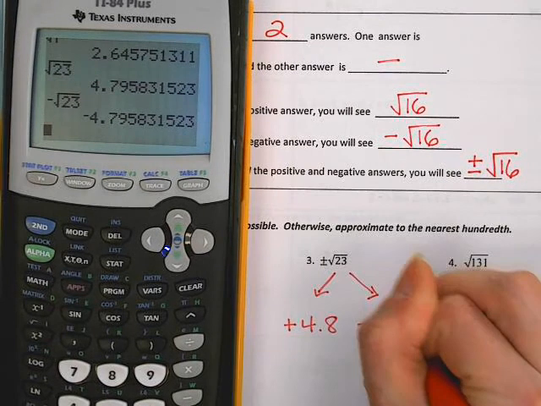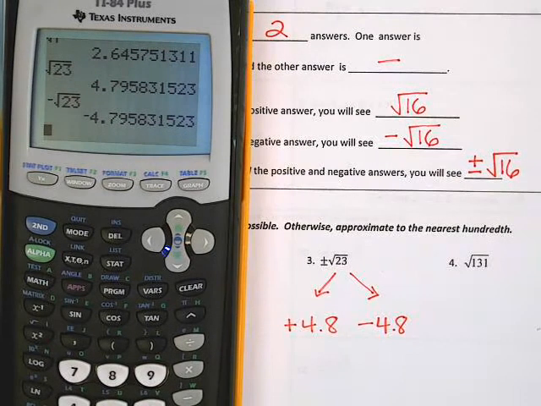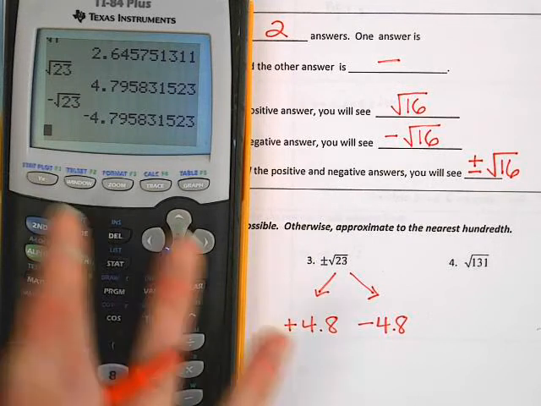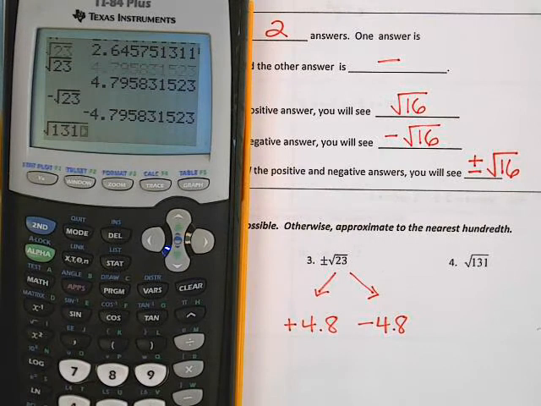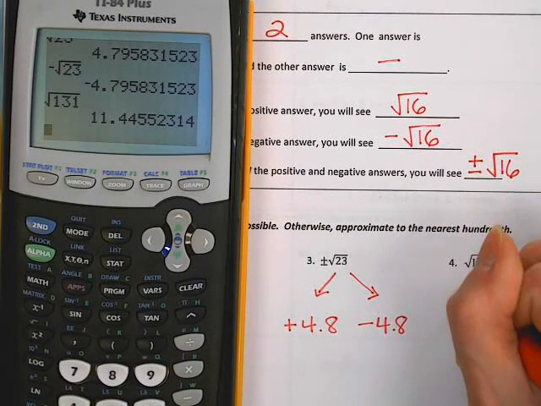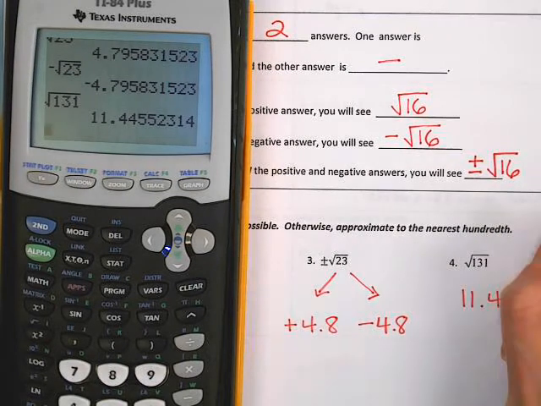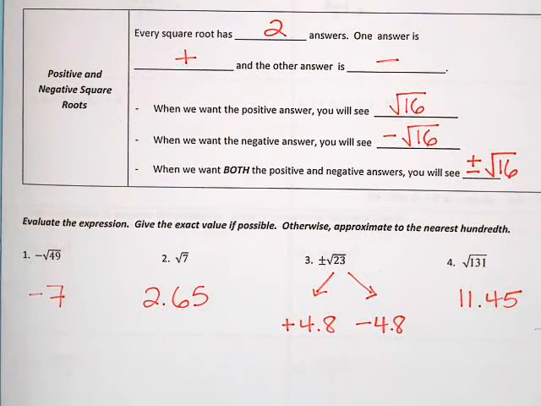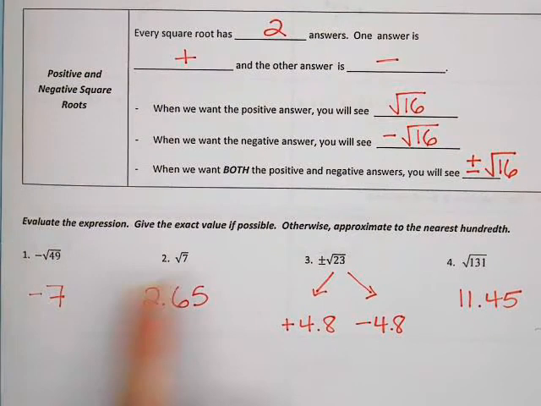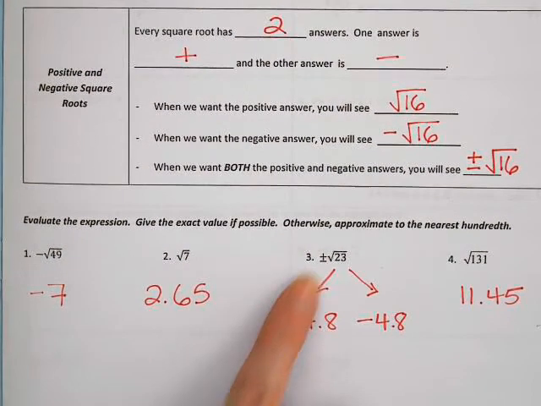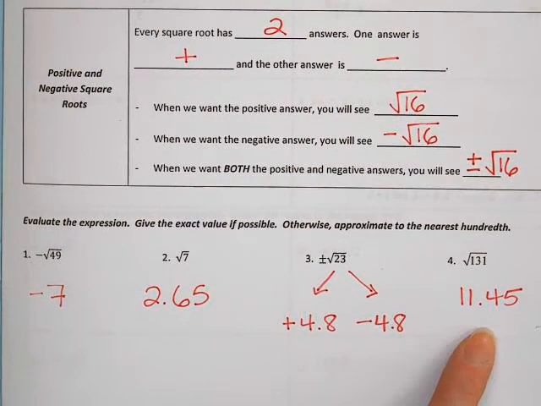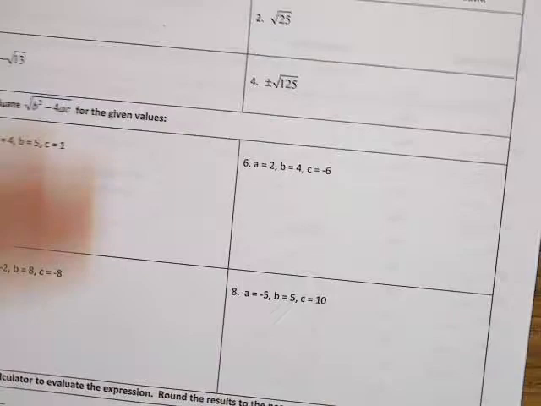So negative 4.8. And then the last one, square root of 131, they only want the positive version, so 11.45. Okay, so this one they wanted negative, this one they wanted positive, this one they wanted both, this one they wanted positive. All right, looking good, keep going.